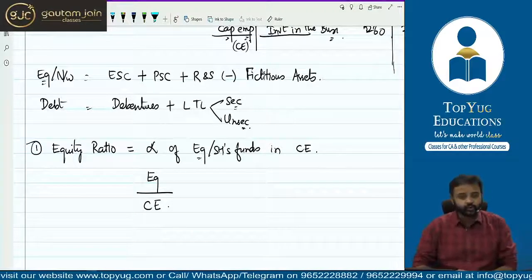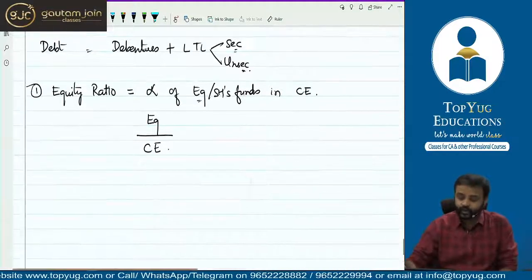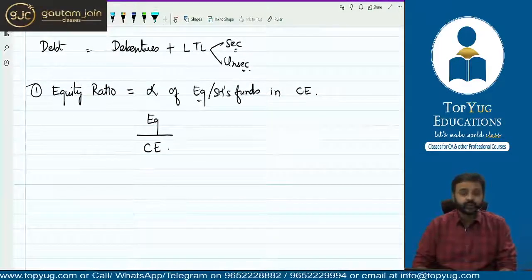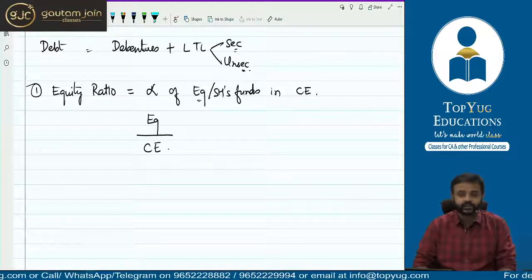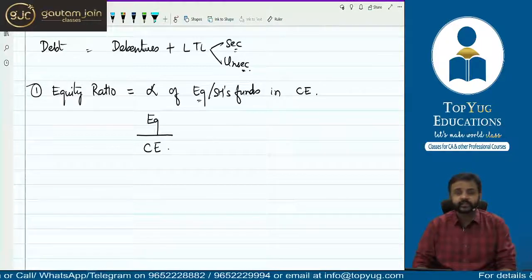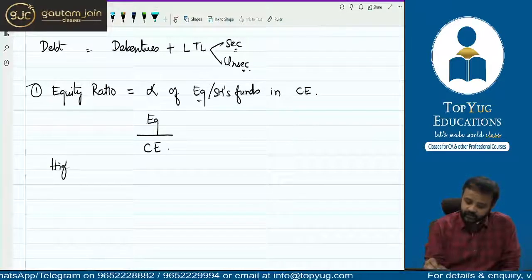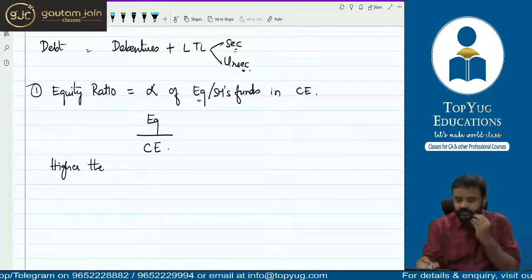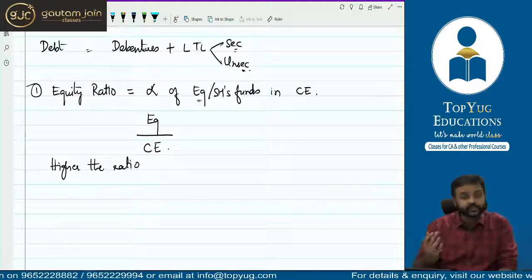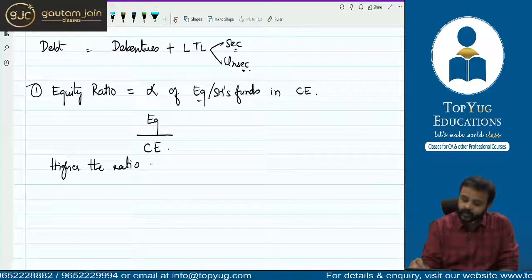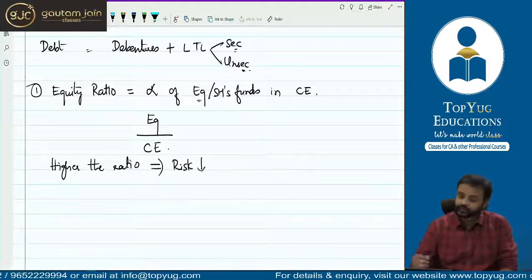Is it going to create more burden, or is it going to be creating less burden? So the obvious answer here would be that, sir, the higher the ratio, then it's going to create lesser burden, lesser risk, correct? So I'll write here, higher the ratio, that is higher is the proportion of equity in the capital employed, implies lower the risk, correct? The risk is lower.